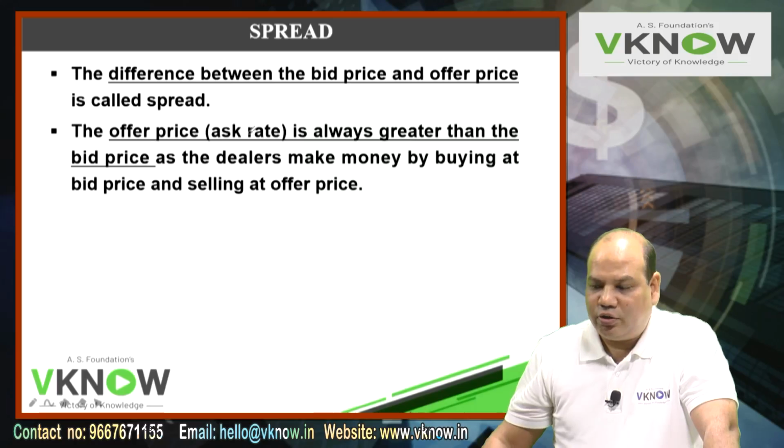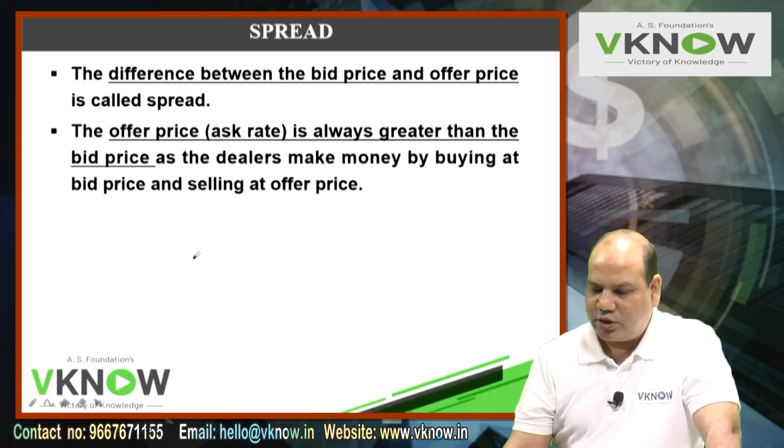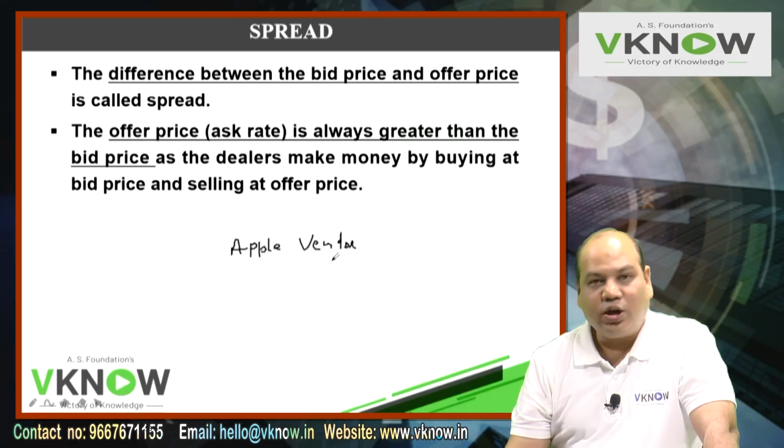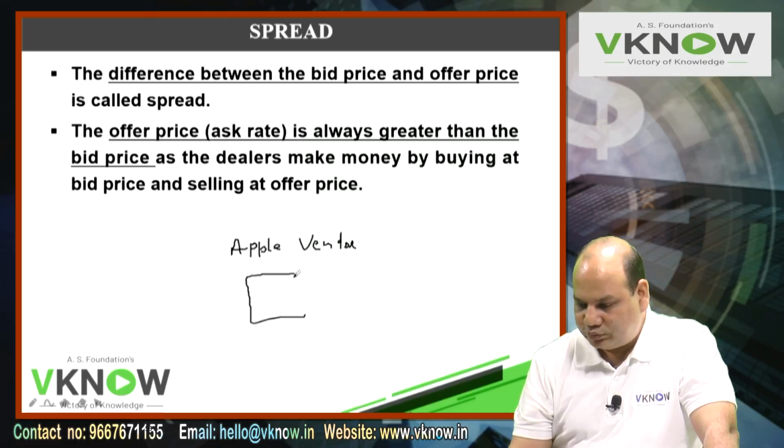The ask rate is always greater than the bid rate, as the dealers make money by buying at bid price and selling at offer price. Just like, suppose you are an apple vendor. Don't write, understand only. This is your shop.